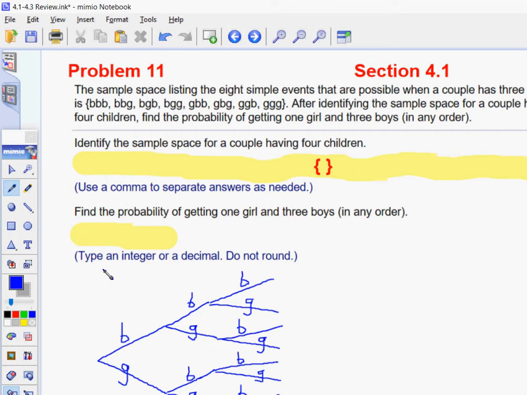All right, they have the first 3 boys. The 4th kid could either be a boy or a girl.